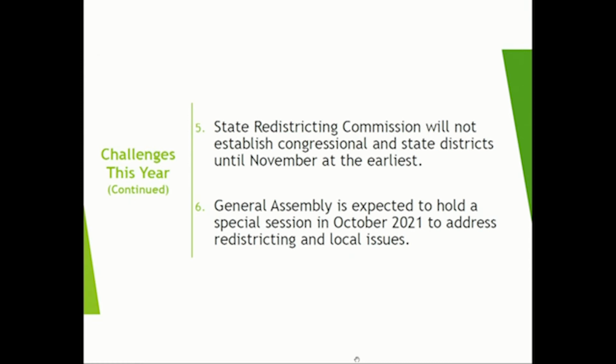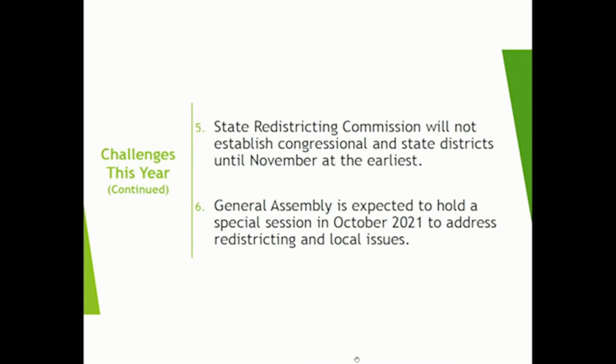One of the other challenges, and right now I would say it's anybody's guess how this will work, is that the State Redistricting Commission is at work right now, and they're already holding meetings throughout the state on what the congressional and state districts will look like.